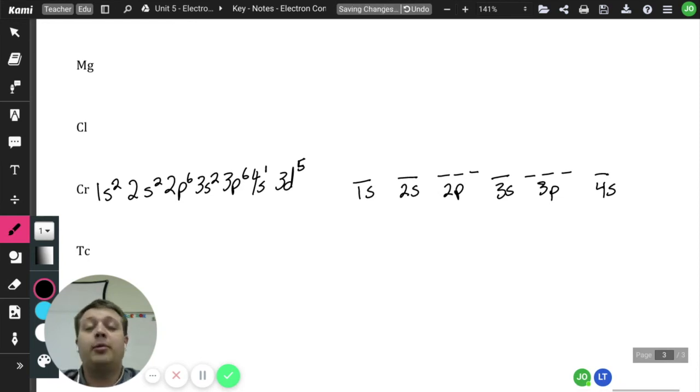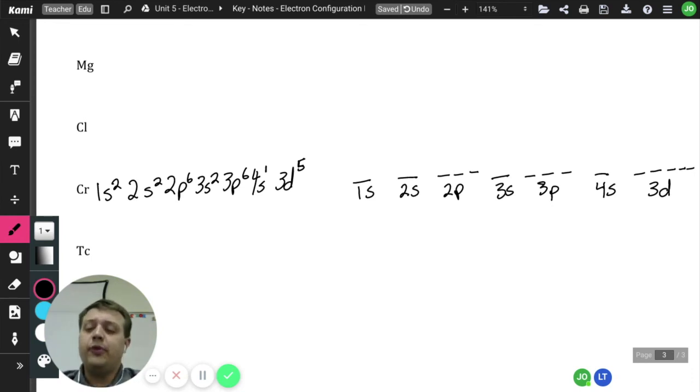And then, remember when we're in the d sublevel, we subtract one energy level. So 3d is going to have 1, 2, 3, 4, 5 orbitals. Why? Because we can hold up to 10 electrons in the d sublevel.